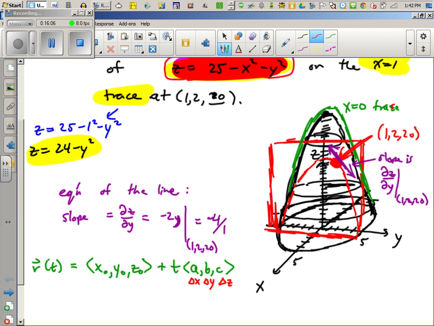So these are just regular delta z, delta y. You can put the negative 4 here and a positive 1 for b, or make the 1 the negative and the 4 positive. It doesn't really matter. There's a lot of forgiveness here because t can be anything anyway.